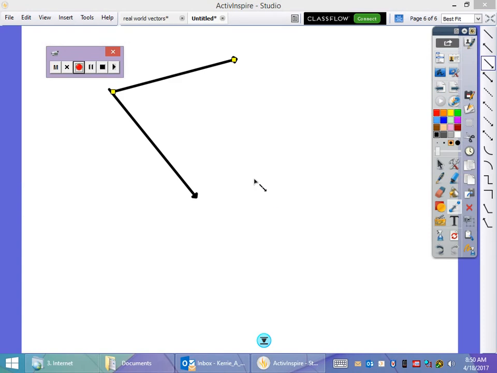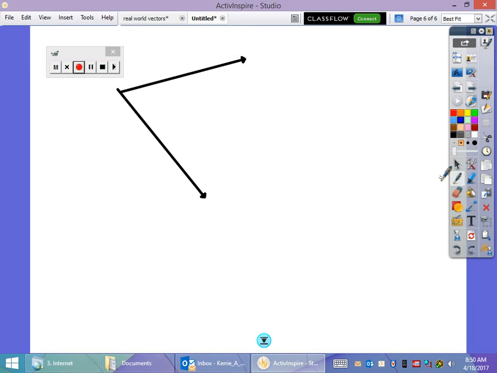We need to make an adjustment to one of the vector word problems. So here we go. There's a boy and a girl fighting over a puppy. One of them is pulling at 27 newtons, one is pulling at 23 newtons, and they are separated by 33 degrees.